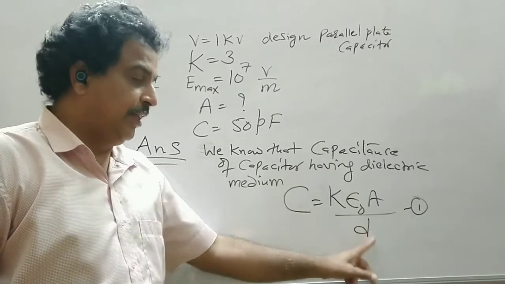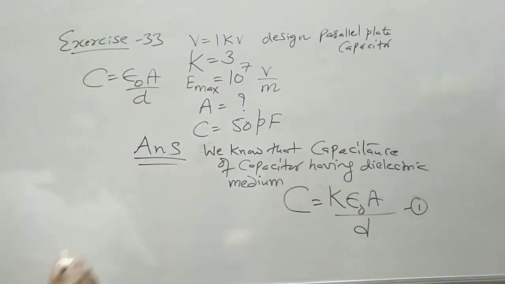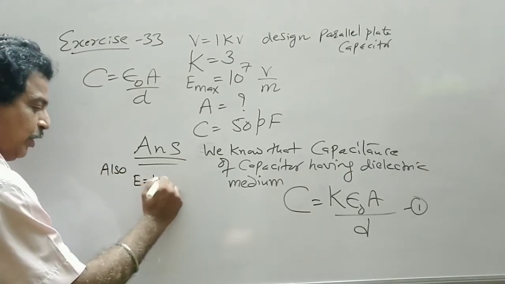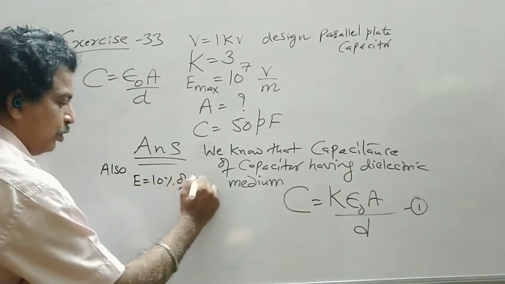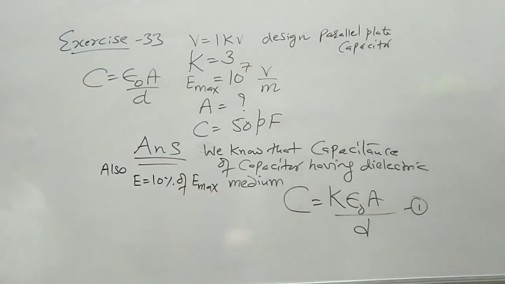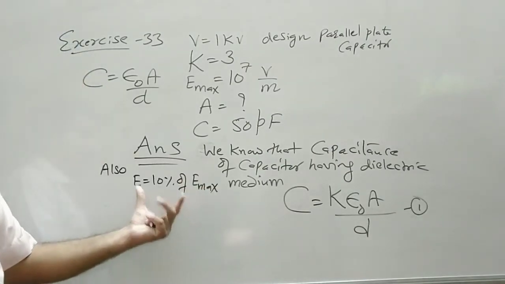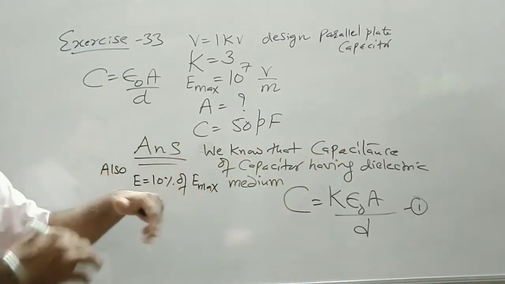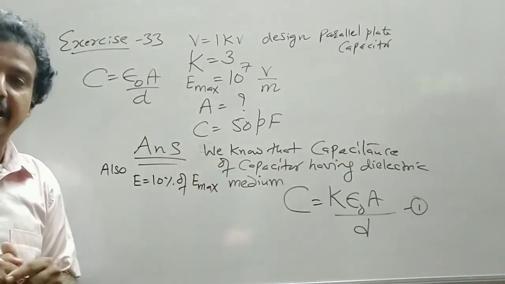So we first need to find out D. Also you have to remember E should be equal to 10% of Emax. This is for safety purposes, otherwise the dielectric medium gets damaged or the polarization is affected.